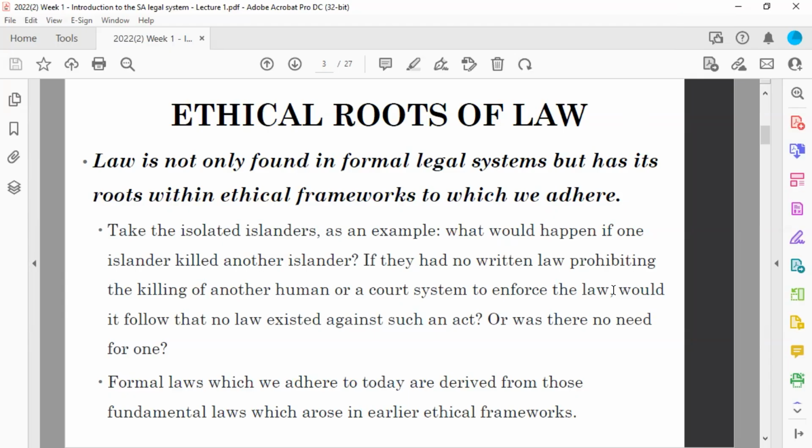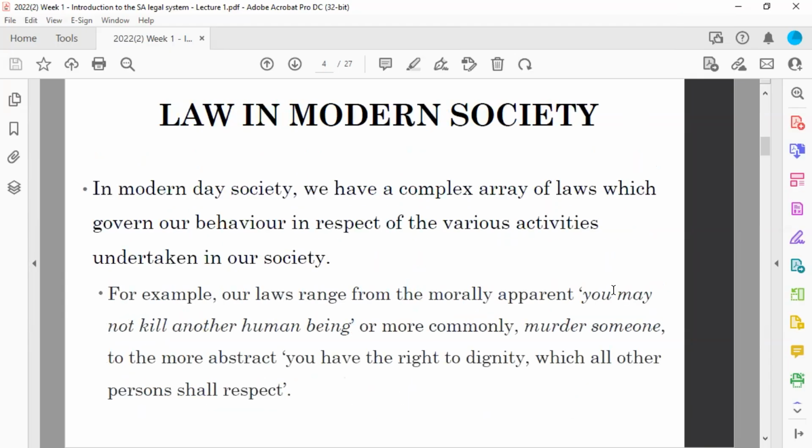Okay. So if we look at the law in our modern day, we have adapted laws, right? So there's a lot of laws. Think of the biblical law of thou shalt not kill. We've adapted that. We said, no, sometimes you can kill someone if it's in self-defense, or where you are a police officer and that person is threatening someone else's life, you can shoot that person, right? So we distinguish between killing someone and murdering someone.